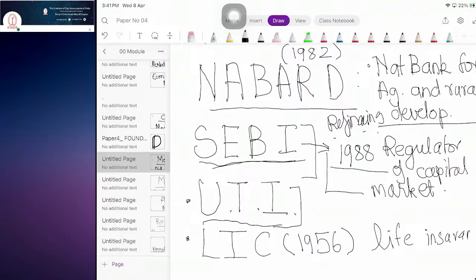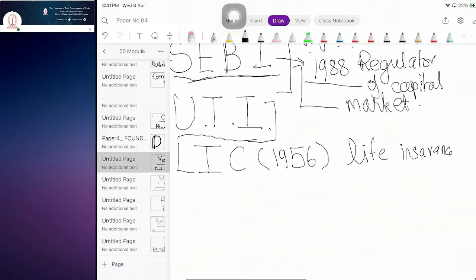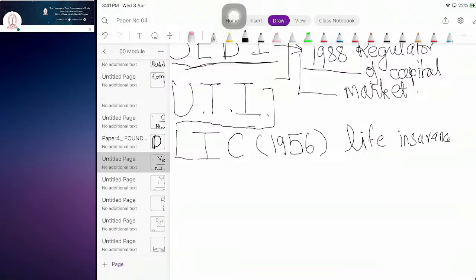Non-life insurance in insurance terminology is called general insurance, and for that we have the General Insurance Corporation. GIC was set up in 1972, and it oversees all non-life insurance business.